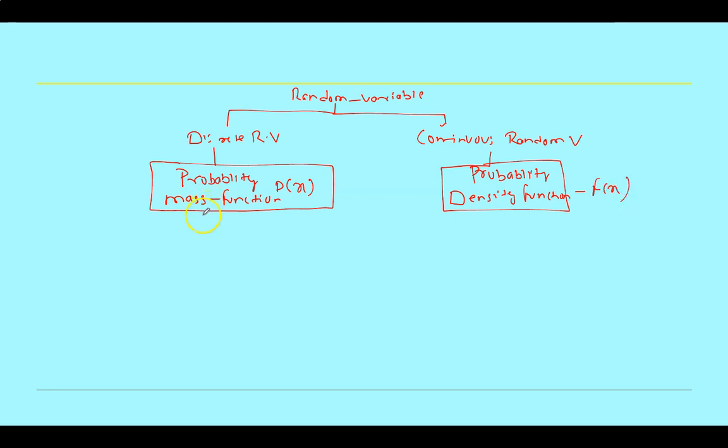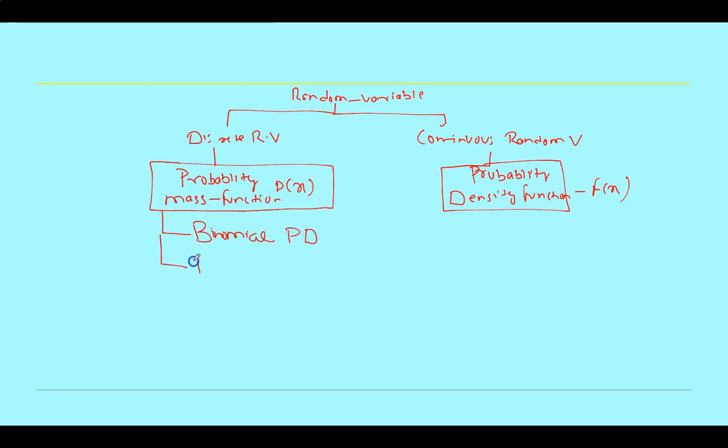Based on the mass function, for discrete variables, we have discrete probability distributions, and we could have different kinds of probability distribution like binomial probability distribution.